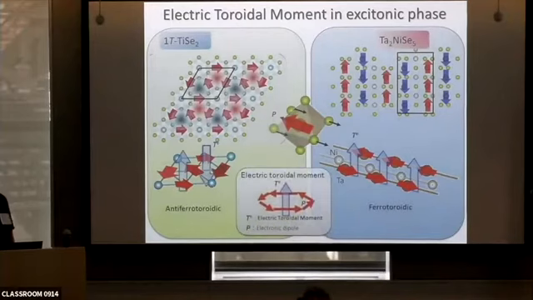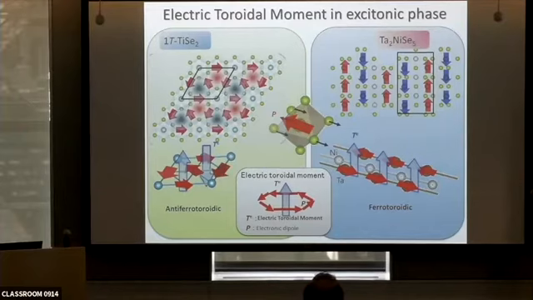This is our last message, with the same viewgraph as Kaneko-san already showed. One of the structural features of the two compounds is the formation of displacement-type electric dipoles in the excitonic phase. The features of these structures are described by the freezing of a TO phonon mode interacting with electrons.